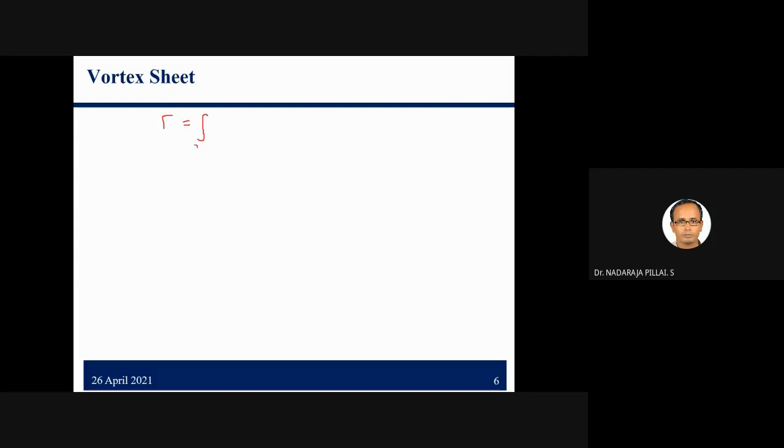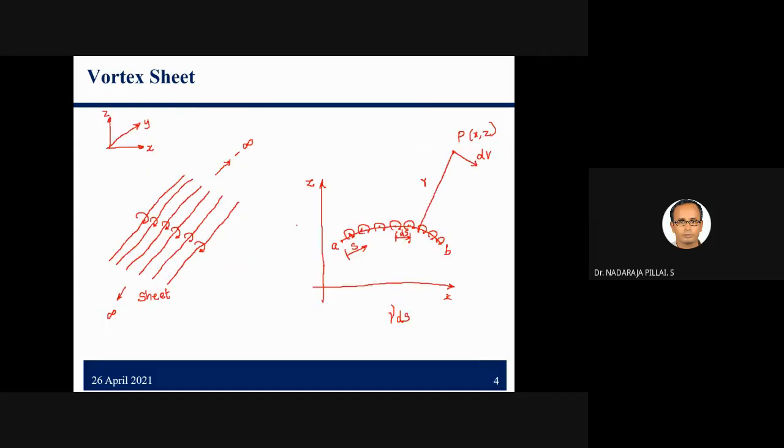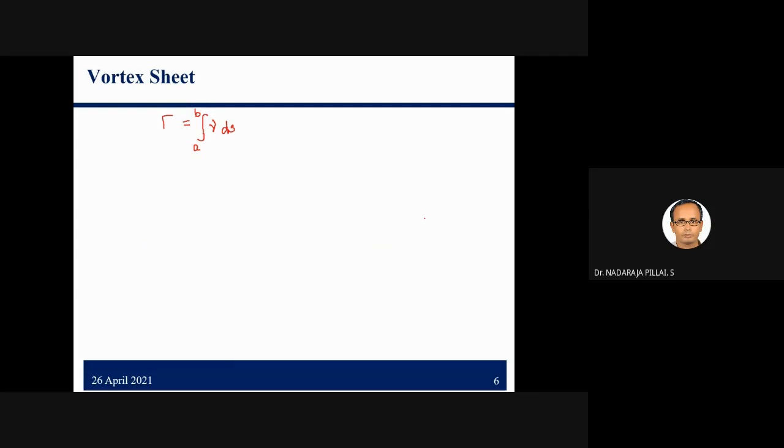So in this case, I can write integral A to B gamma ds. You remember the gamma in each and every elemental vortex and the ds.